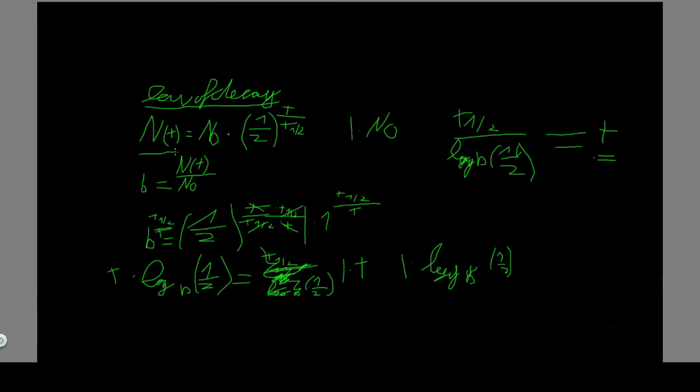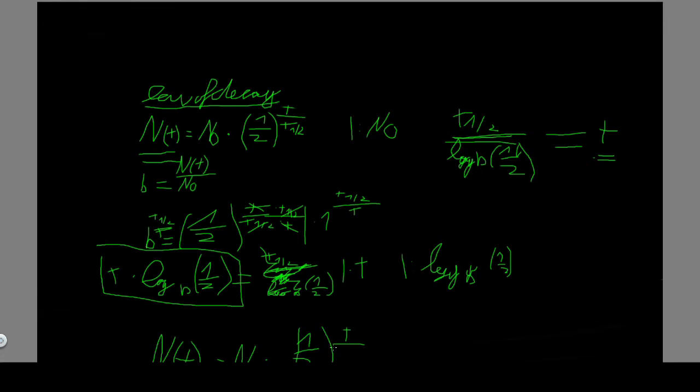We got the equation for n of t. We got the equation for t 1/2, which is down here. This is t 1/2. And now we need the equation for n0. So quite simply, I'm just going to write down this equation again so we have a better overview, times t divided by t 1/2.